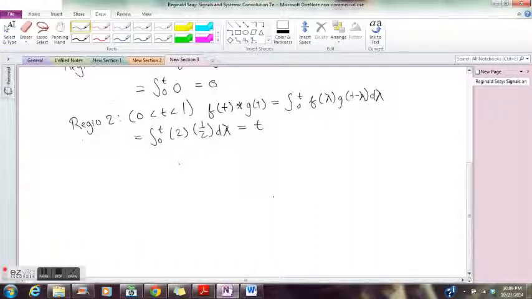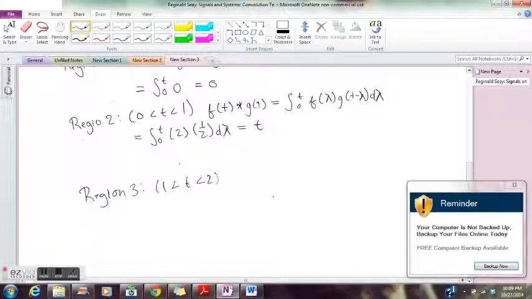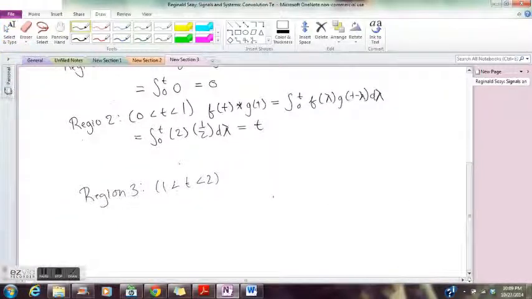So we're doing our region 3, 1 less than t less than 2, and this will be our f of t convolved with g of t.